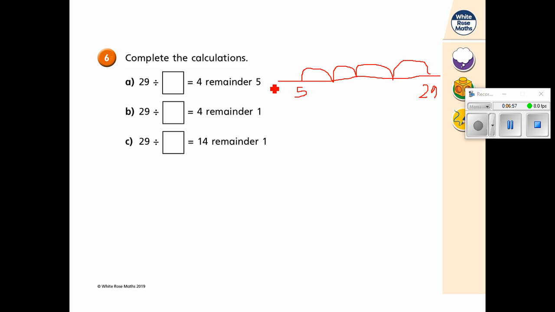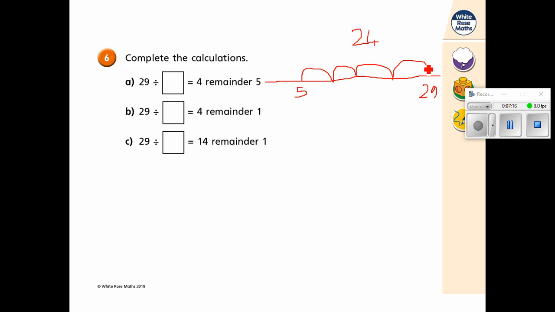So what they've done is they've gone from 29 to 5. How far is it from 29 down to 5? 29 down to 5 is 24, isn't it?